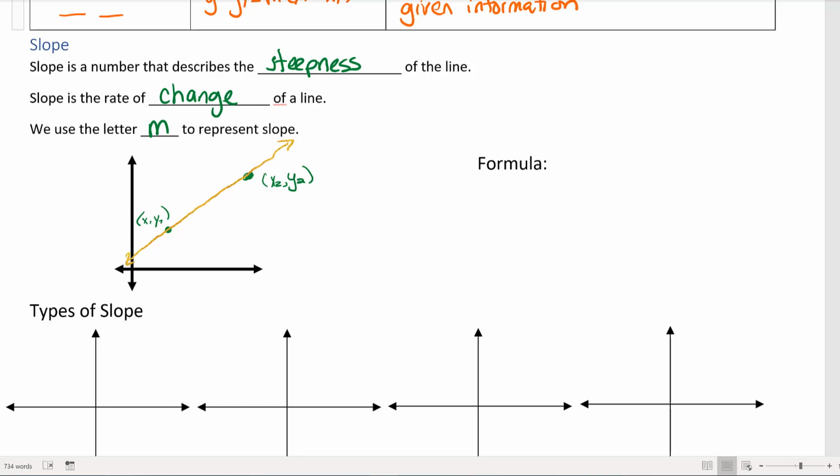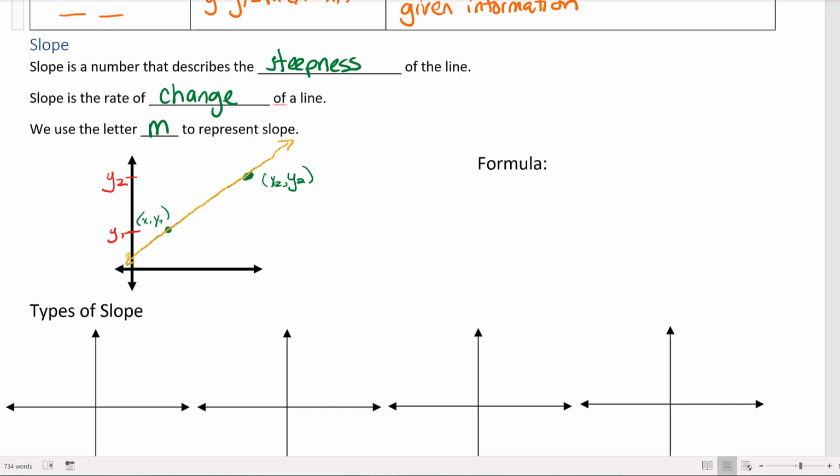Clearly this line is going up and to the right, but we want to know at what rate is this going up and to the right. If I take a look at the first point and make a mark over here at y, that's going to be y1, and then if I drag another point over here, that's going to be y2.